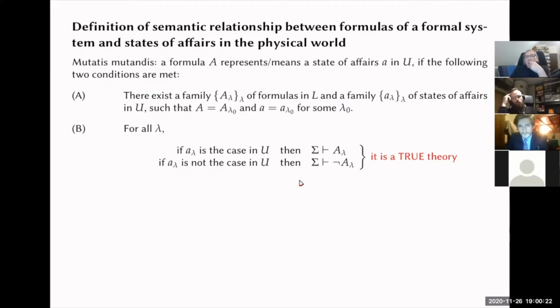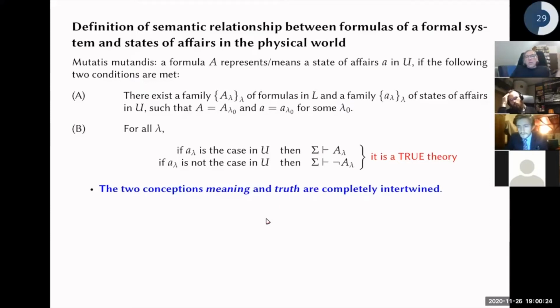So this means that the two conceptions, meaning and truth, are completely intertwined. Because, of course, the opposite is also true. I am not able to say that something is true without meaning. How can a sentence be true if there is no meaning of the sentence? But more importantly, there is no meaning without truth.